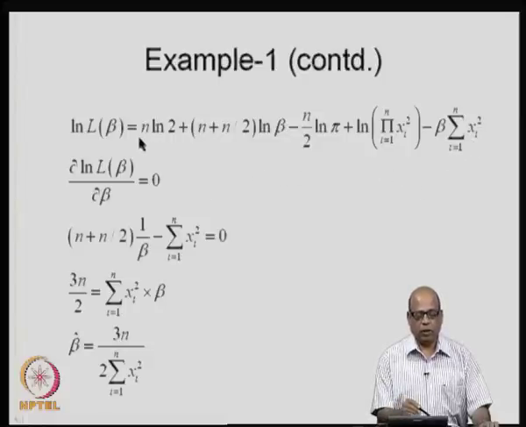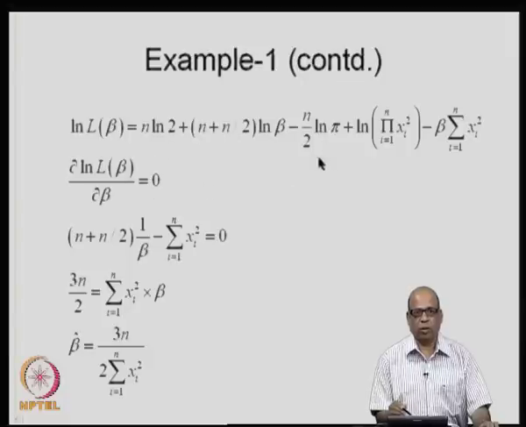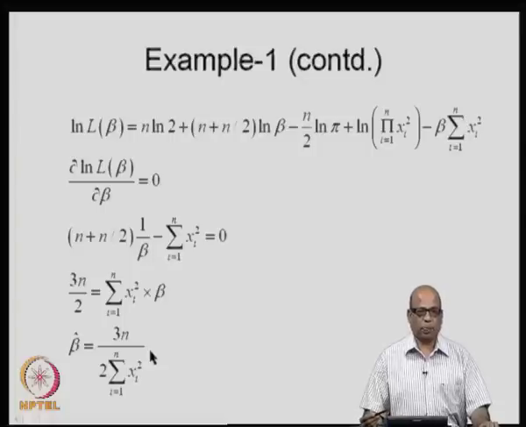So, we differentiate this function log L of beta with respect to beta and equate it to 0. So, when you differentiate with respect to beta, the only terms containing beta will appear here. So, n plus n by 2 by 1 by beta, minus summation of x i square, you are again differentiating with respect to beta. Those terms which do not contain beta will vanish from here, and therefore, you get after simplification beta cap is equal to 3 n divided by 2 into summation i is equal to 1 to n x i square.